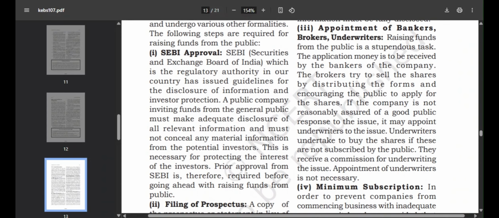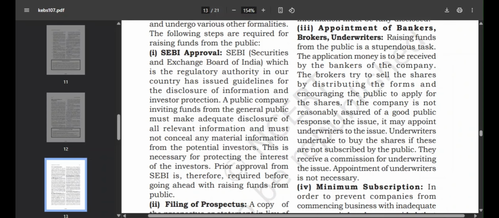Underwriters are those who assure the company that the shares will be sold. They give a guarantee. Underwriters undertake to buy the shares if these are not subscribed by the public. If the public is not subscribing to the shares, underwriters assure the company that they will buy the shares.